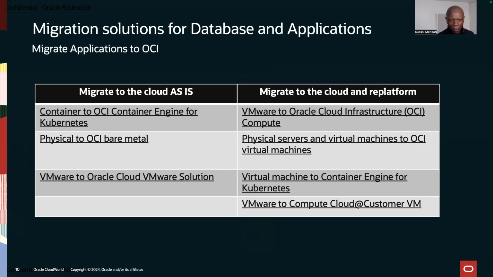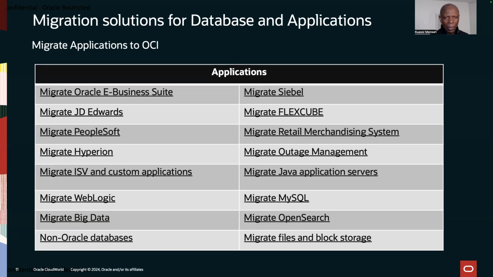You can migrate the container to OCI container engine for Kubernetes, or move from physical on-premises to OCI bare metal, move from VMware to Oracle Cloud VMware solution, or the other option is migrate to the cloud and re-platform. So VMware to Oracle OCI compute, from physical server or virtual machine to OCI virtual machines, etc.